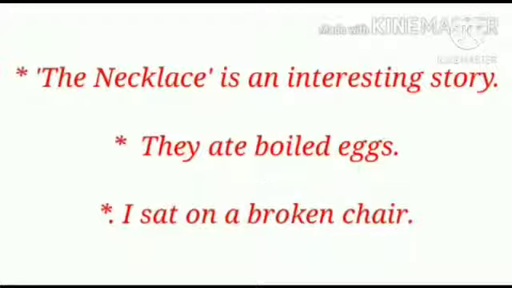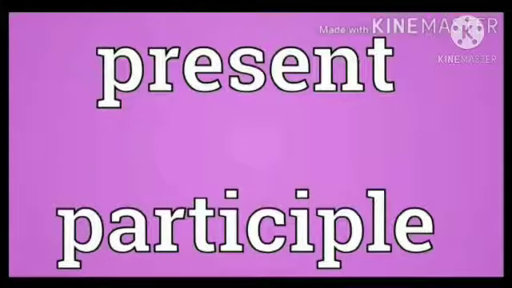One more example. I sat on a broken chair. Therefore, interesting, boiled and broken are acting as non-finite verbs. Now, these participles are further divided into two parts. They are present participle and past participle.